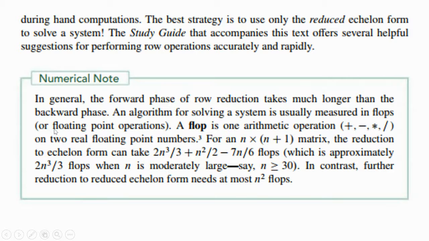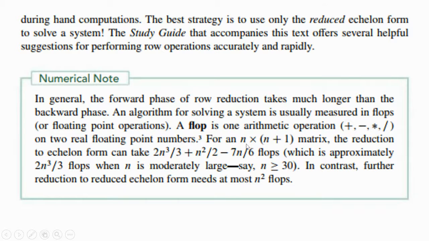I know it's a little bit silly, but they use the FLO here and they use the P here, and that's how we get flops. Floating point operations, and they use plural. So a flop is one arithmetic operation, plus, minus, times, or divide on any two floating point numbers.